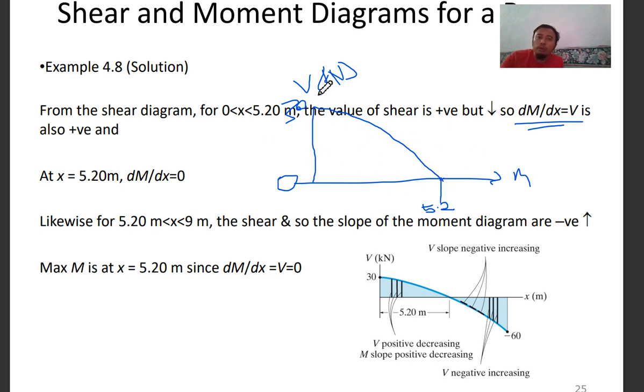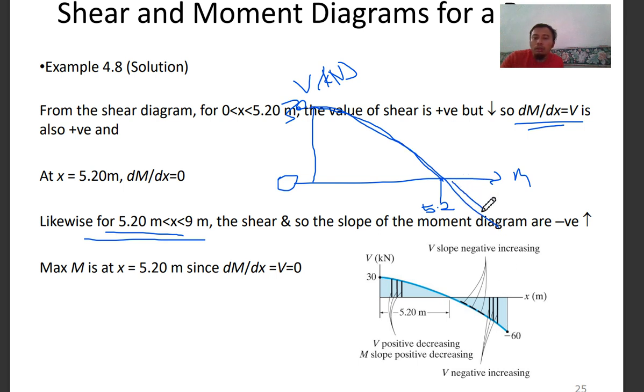So you get 0 here, and then likewise from 5.2 to 9, the shear and the slope of the moment diagram are negative and decreasing. But basically, it's one graph as shown here.